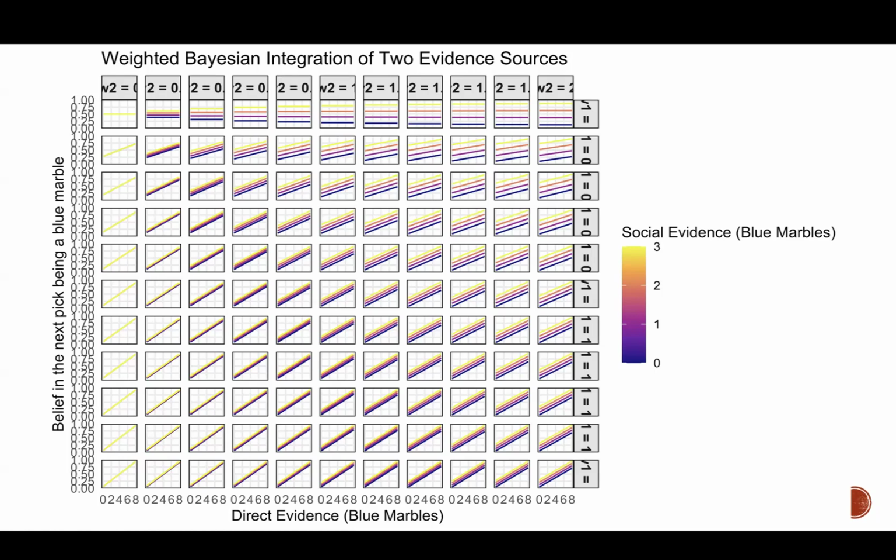And then we see that as we increase the social evidence, there is a bigger and bigger spread between the 4 lines. As we increase the weight for direct evidence, we get a steeper and steeper slope, right? All of this is still very linear, right?